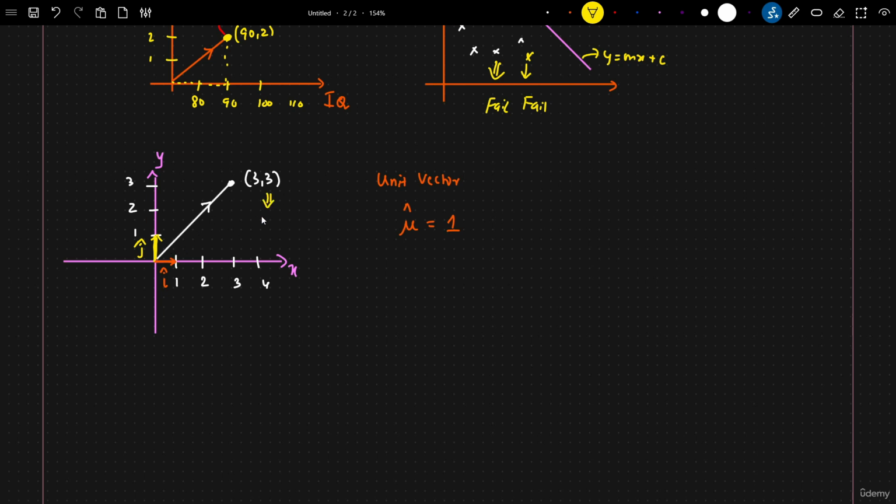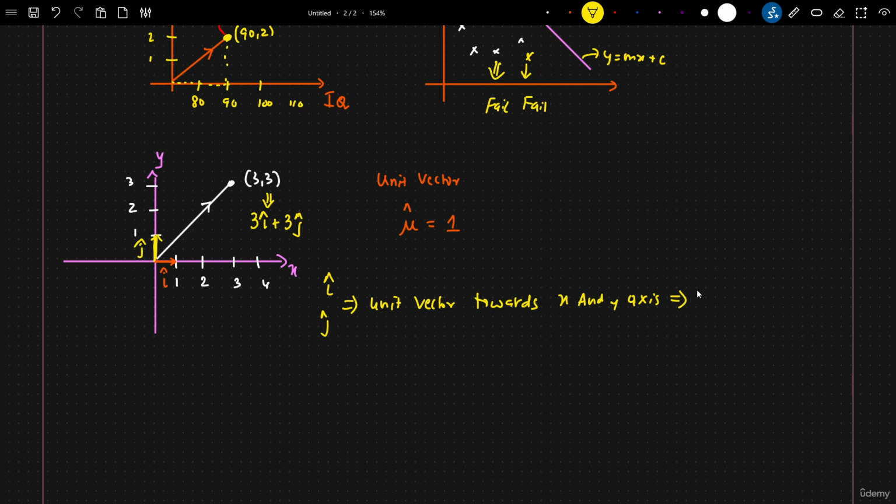So this entire vector can also be represented as 3i plus 3j, right? This i and j are nothing but unit vectors towards the x and y-axis.